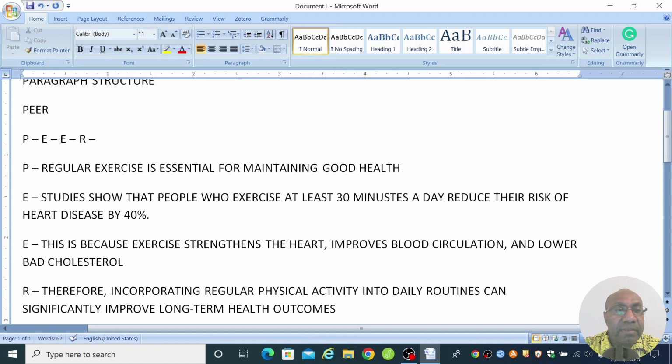So this is a very simple example using the PEER structure and a minimum of 4 sentences.